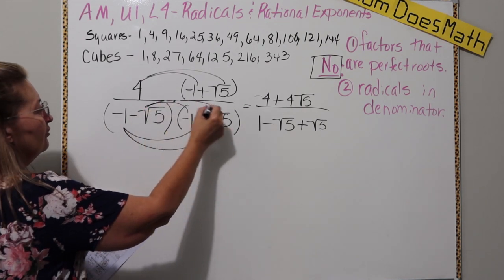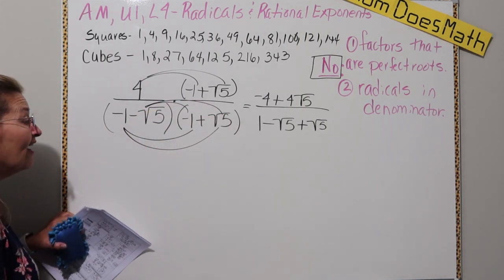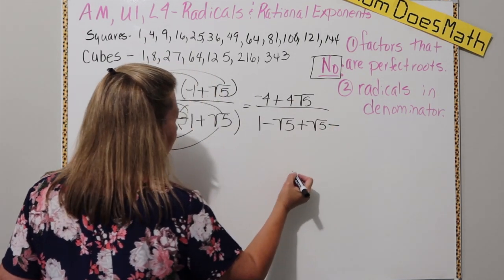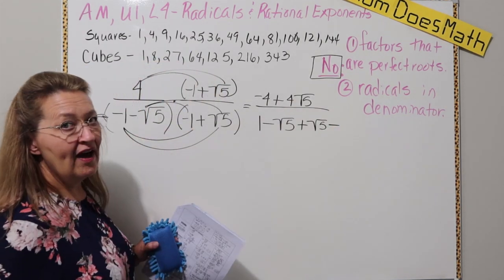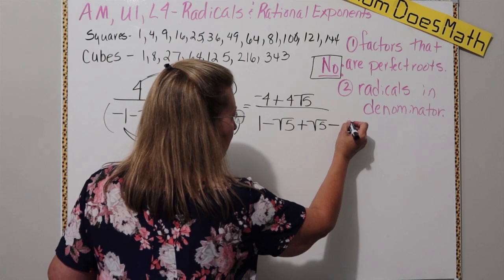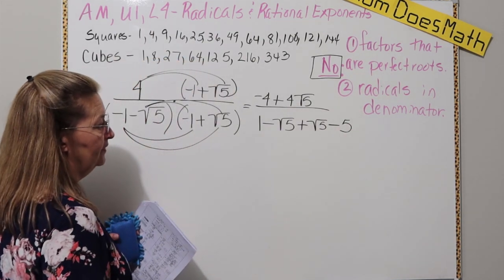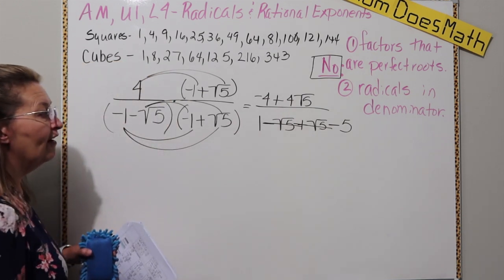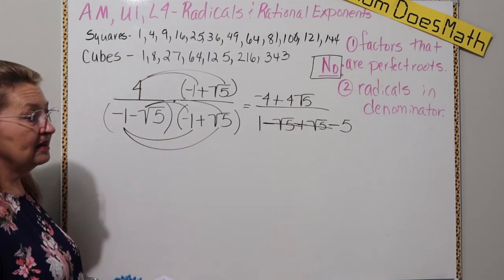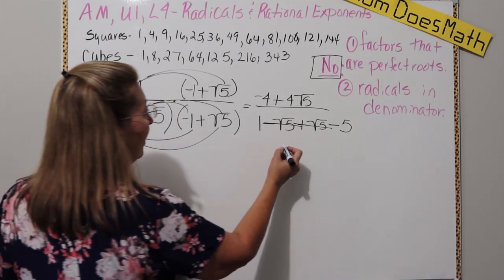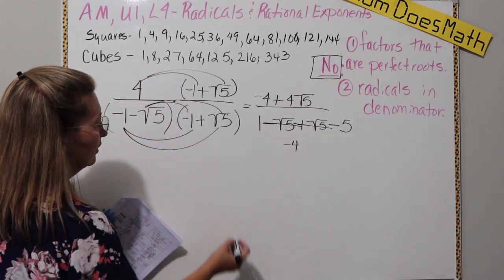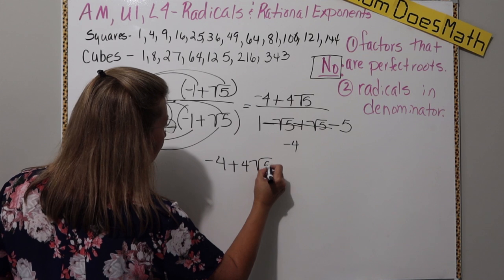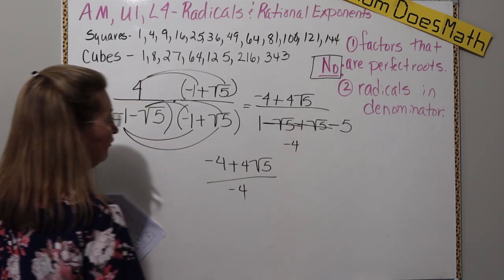And negative square root of 5 times positive square root of 5 is going to give me negative square root of 25, which is -5. Now, this negative square root of 5 and positive square root of 5 subtract out. That's now 0. And 1 minus 5 is -4. So let me come under here: -4 plus 4 square root of 5 over -4.